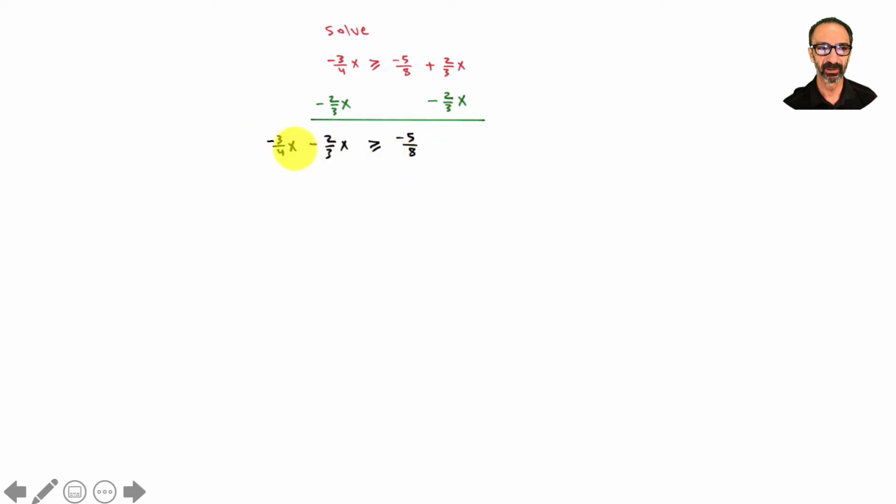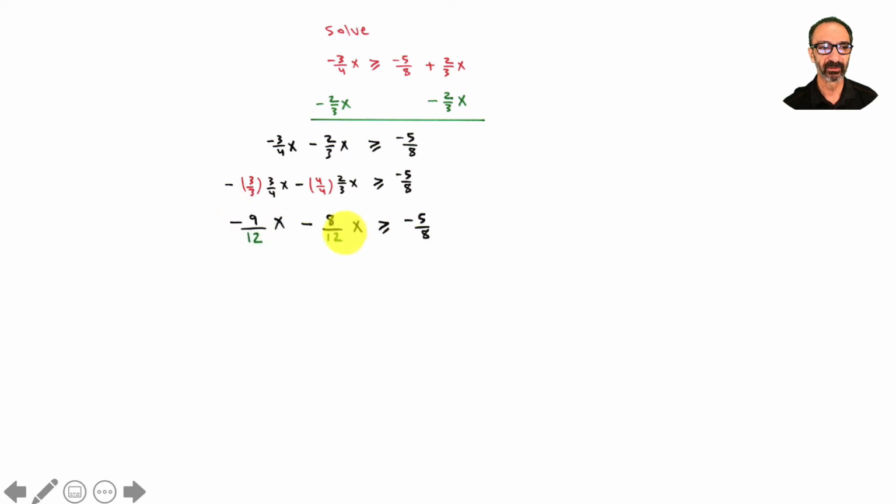To combine them, I need a common denominator. Between the denominators 4 and 3, the common denominator will be 12. So I'm going to multiply this by 4 over 4, which is like multiplying by 1. I'm going to multiply this by 3 over 3, as you could see. Once I do that, I do have a common denominator, which is 12.